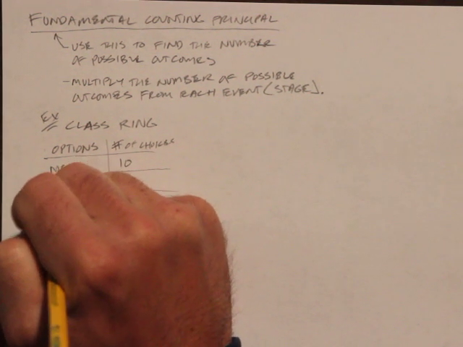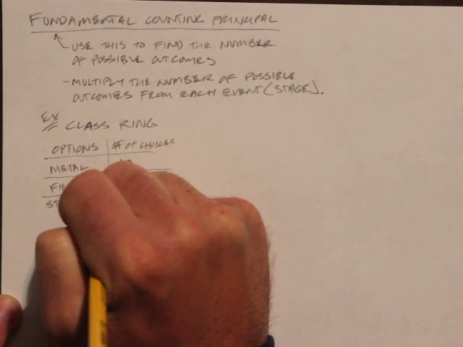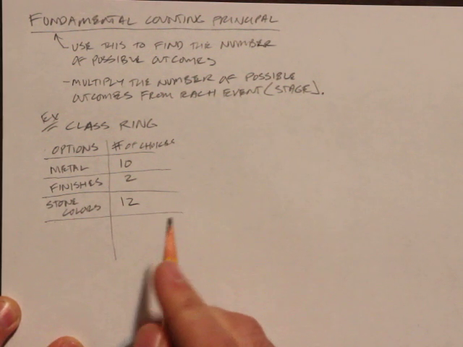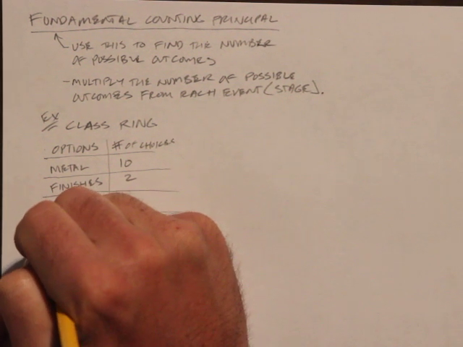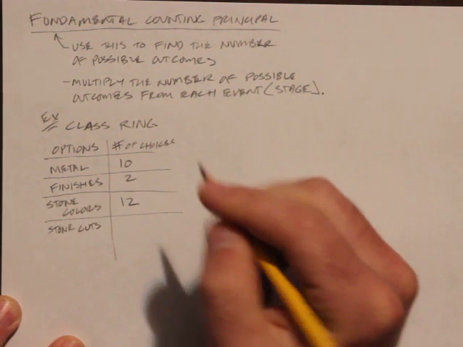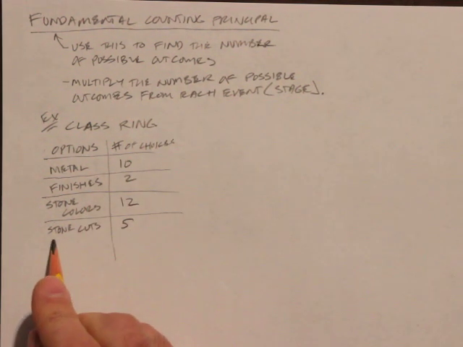Stone colors. So the type of stone that you're going to get in there. You can have 12 different stone colors. Stone cuts. You can decide which type of cut you'd like, and there are 5 different stone cuts that you can choose from.